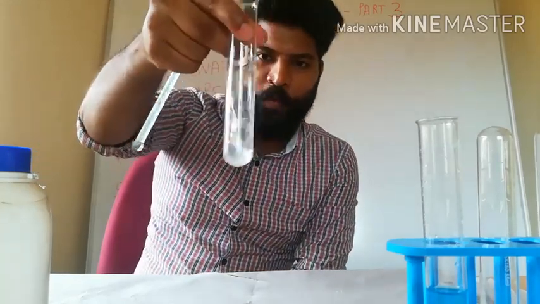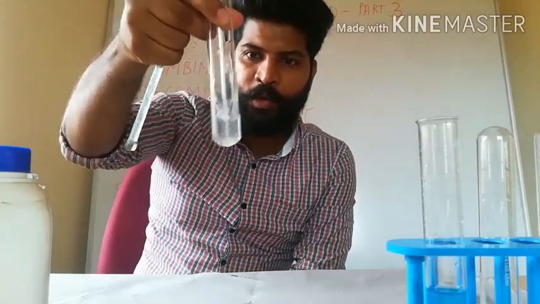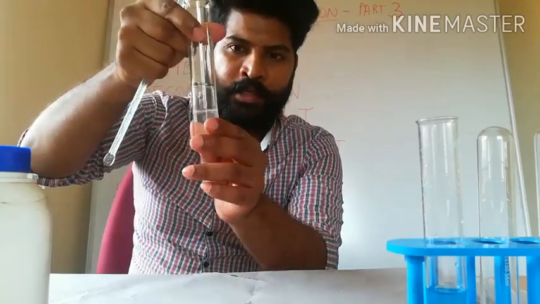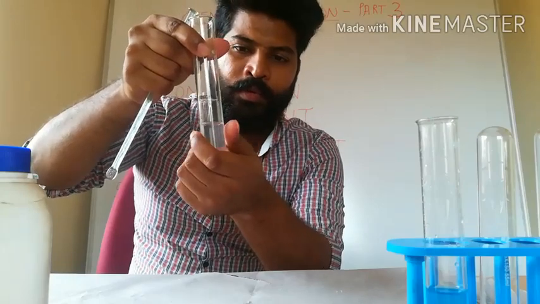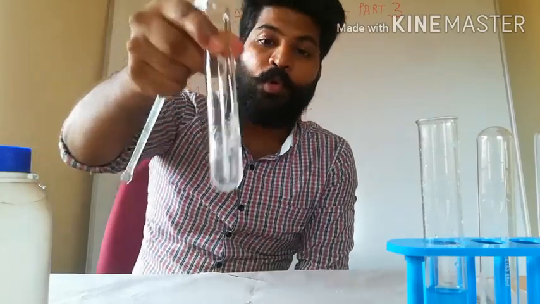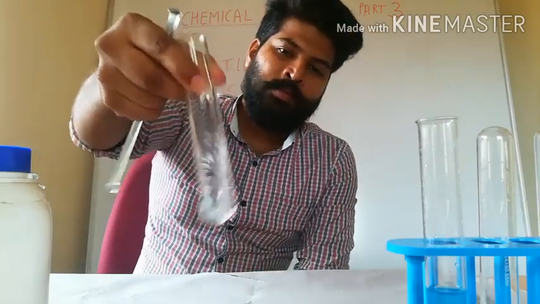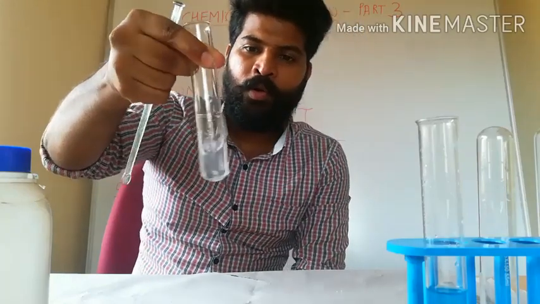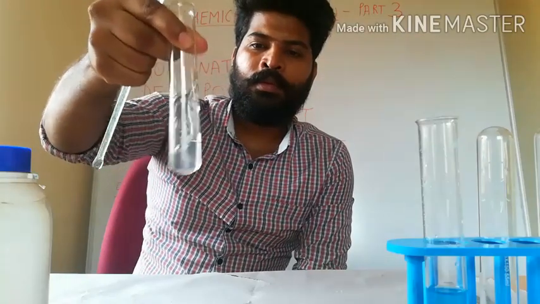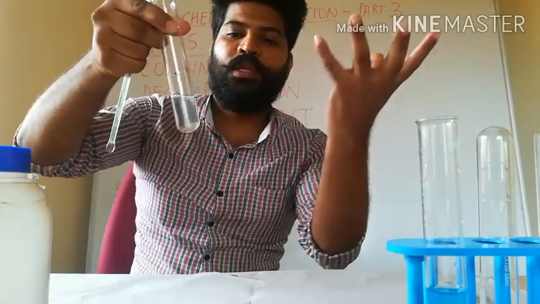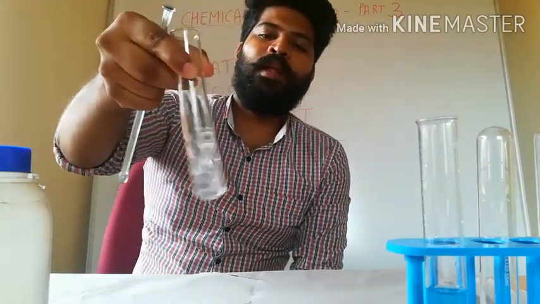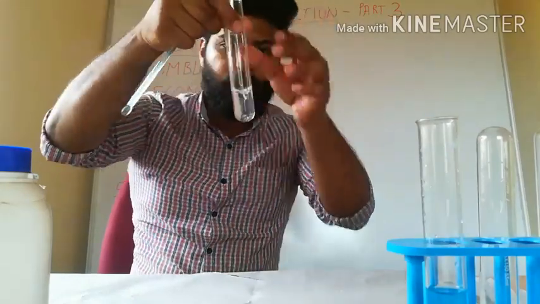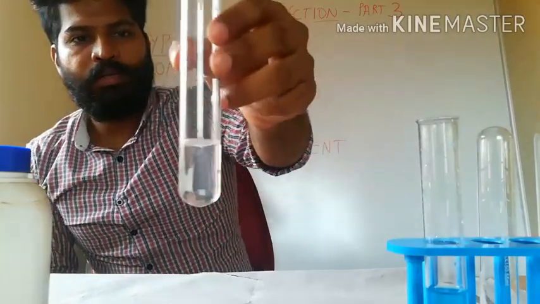And when we add barium chloride to water, if you touch the test tube it would have become cooler. So this is an example for an endothermic reaction. It has used heat from the surrounding, so the test tube becomes cool. So our barium chloride solution is ready.